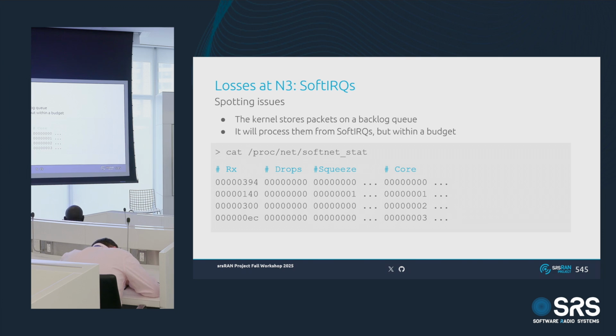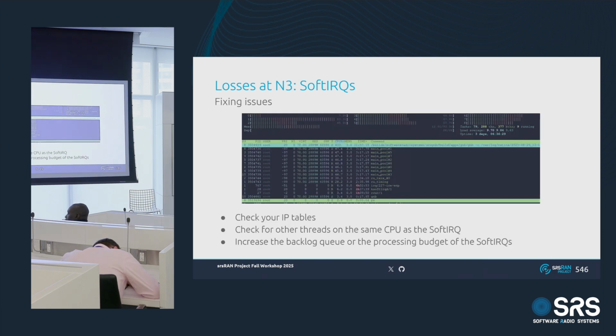So okay, something's going wrong. What can I do? This is a harder problem, but what I recommend is check your IP tables. Sometimes if you have a lot of IP tables configured, if they're not well configured, they might be doing excessive processing and causing the packet not to be processed in time, causing lack of resources for packet processing.